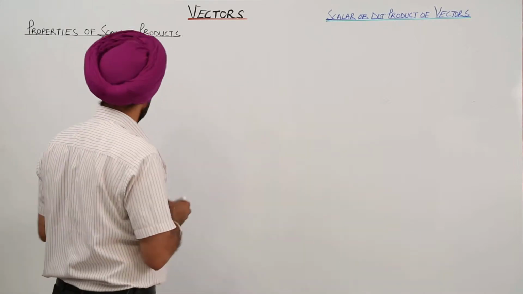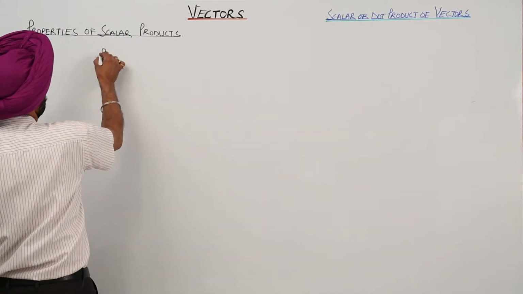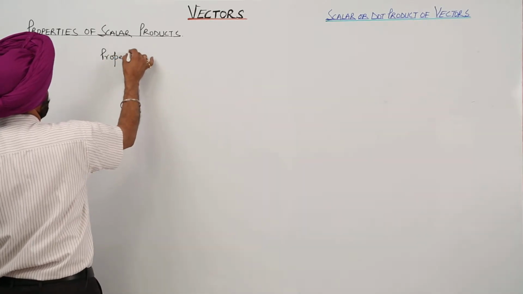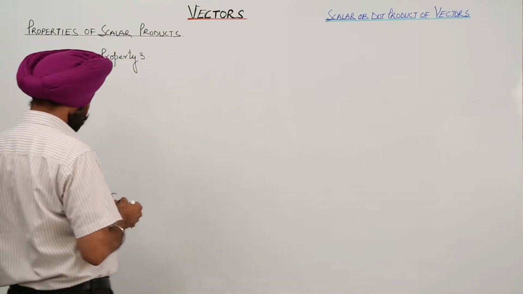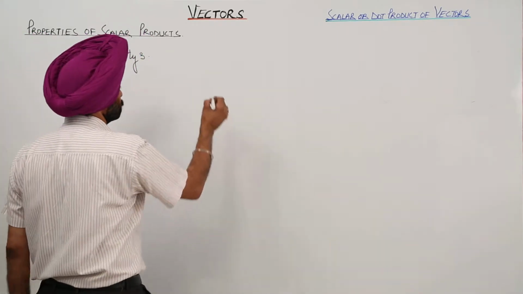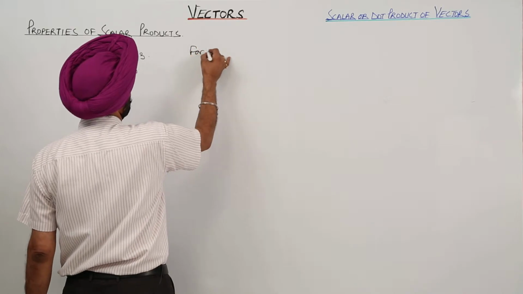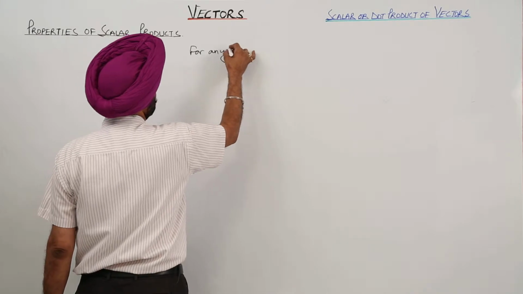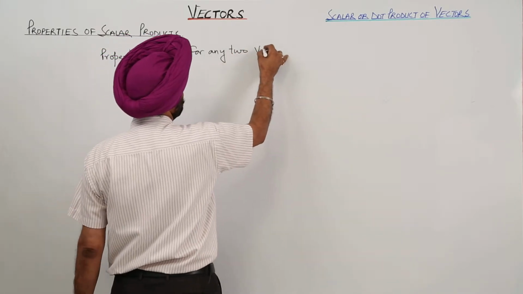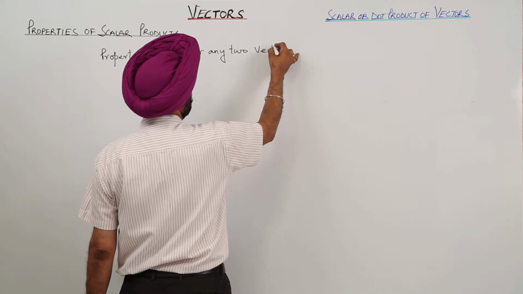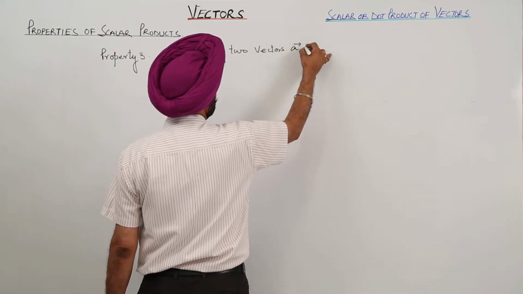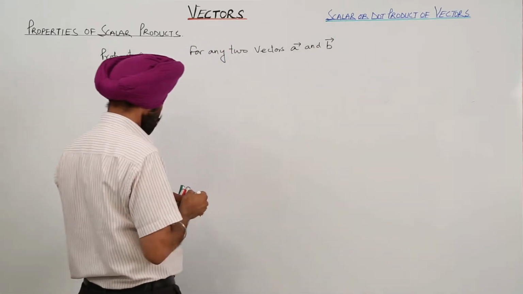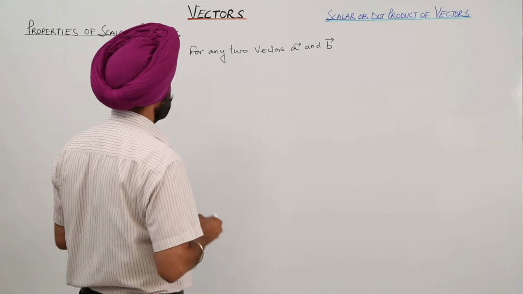Now third property, property 3. Now for any two vectors A and B, vector A and vector B. Now what this shows, property 3?